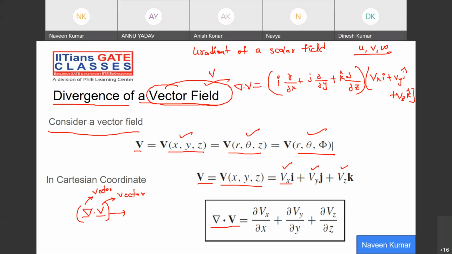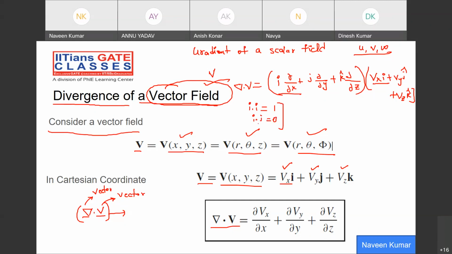So the x component will go with x, and i dot i. What is i dot i? 1. What is i dot j? 0. Very good.